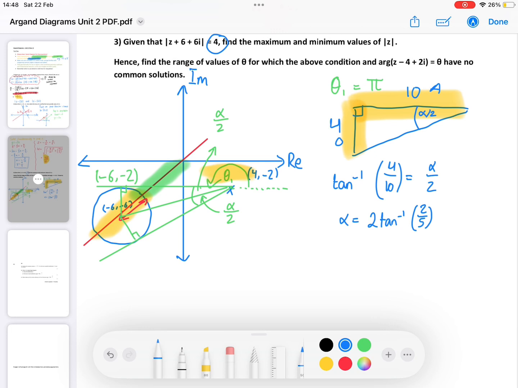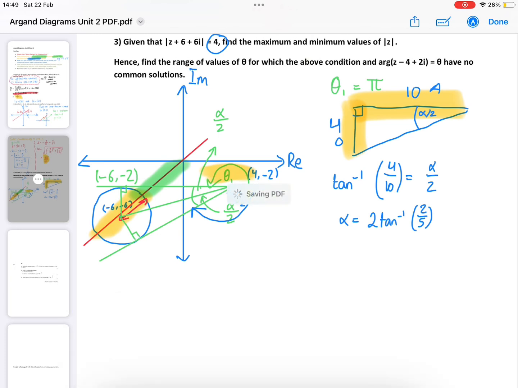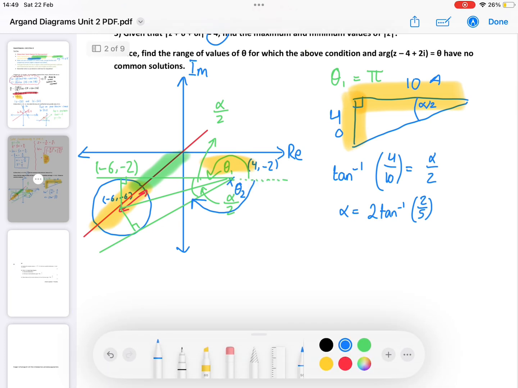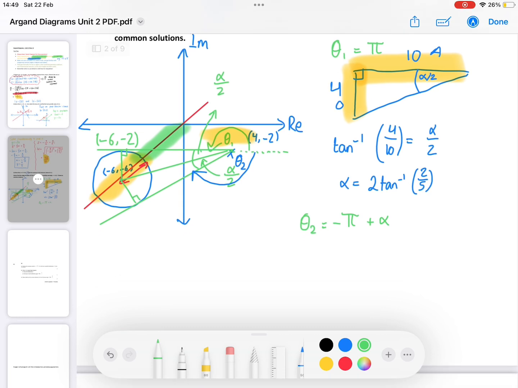And since the other angle which we're interested in, just going back to our original diagram over here, we want to find this angle here, which I'll label θ2. And so if we measure it as a negative angle instead of a positive angle, then θ2 will be minus pi add alpha, because we're measuring clockwise.